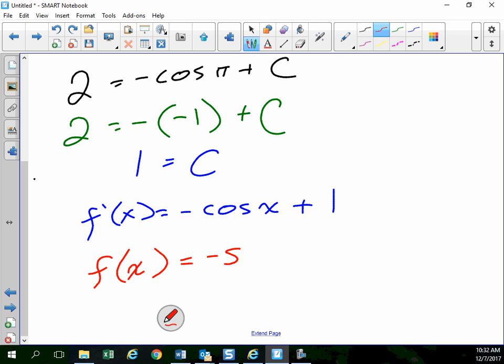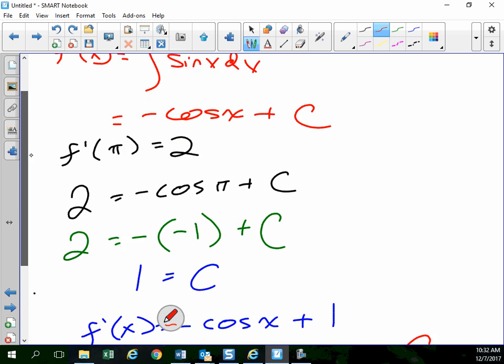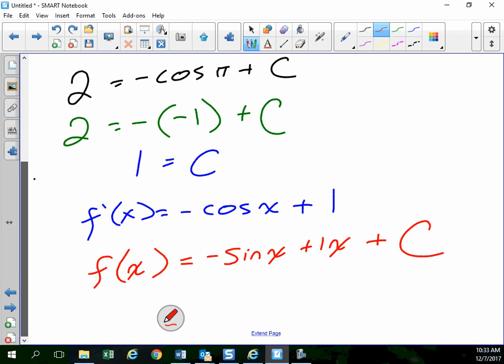Fabulous. Lauren, what's the integration of 1? And we're going to have our plus c. And I tell you this time that f of pi is negative 1.